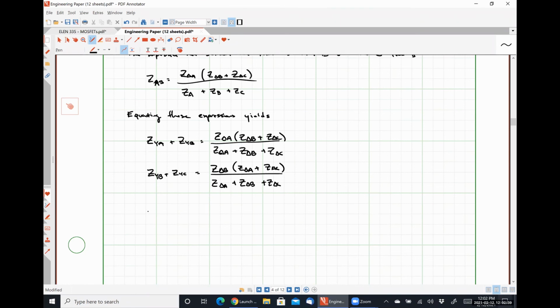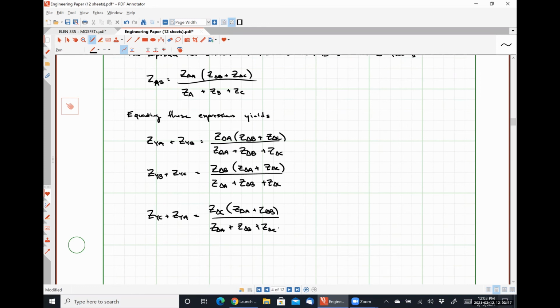and ZYC plus ZYA looks like Z delta C multiplied by Z delta A plus Z delta B over Z delta A plus Z delta B plus Z delta C. So I have a system of 3 equations and 3 unknowns, and what I mean by that is if I know what the Y impedances are, then the delta impedances are the unknowns.